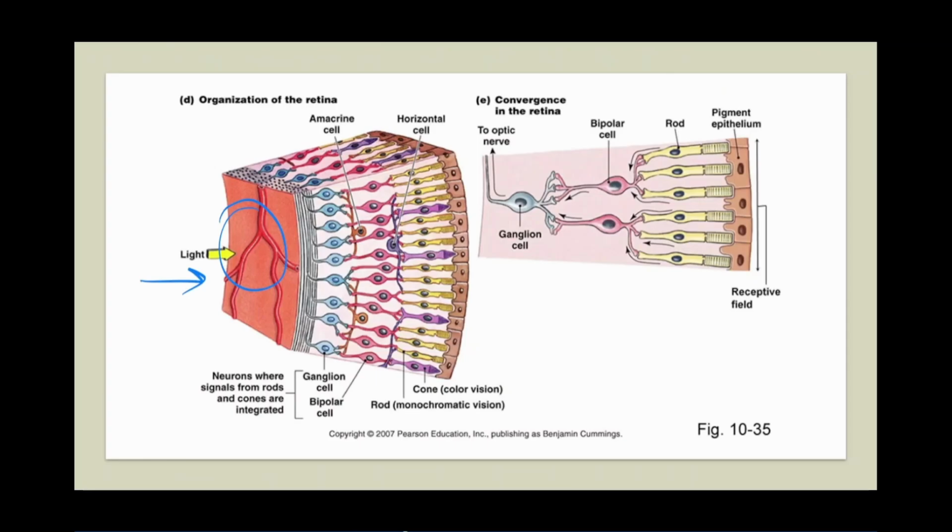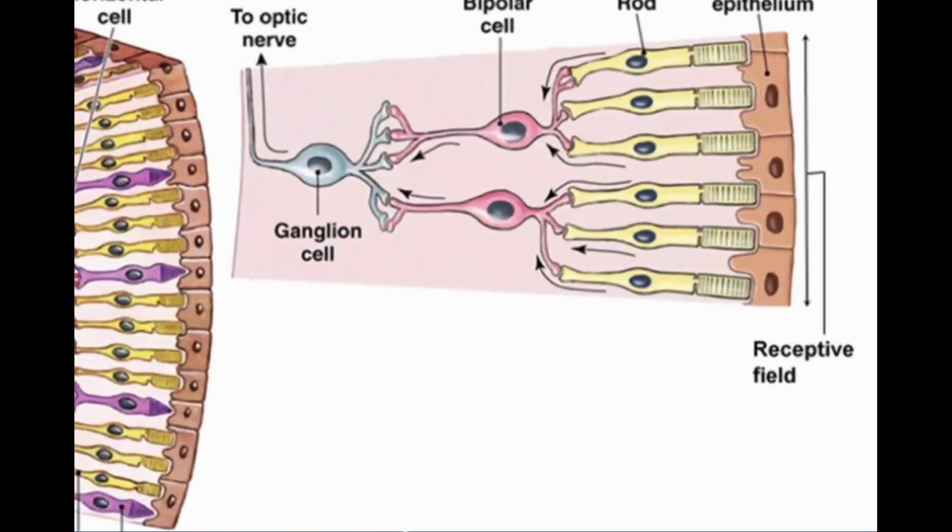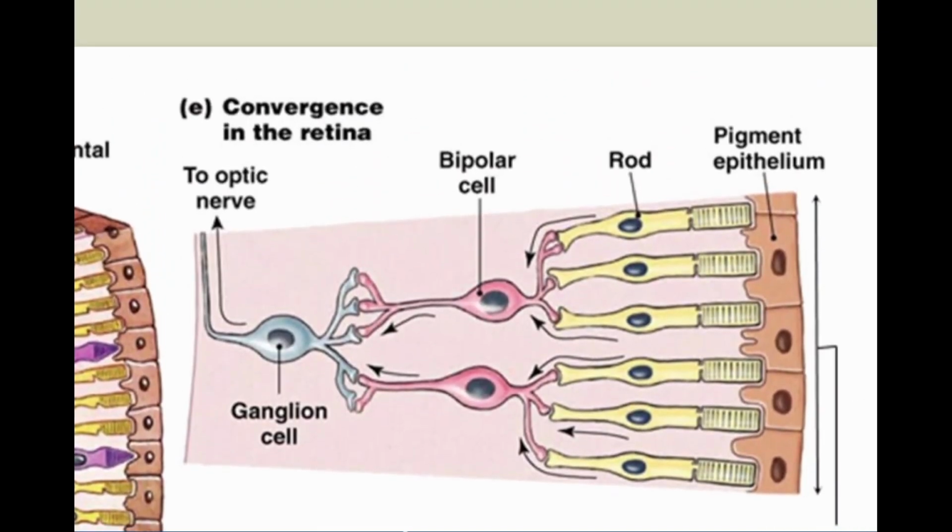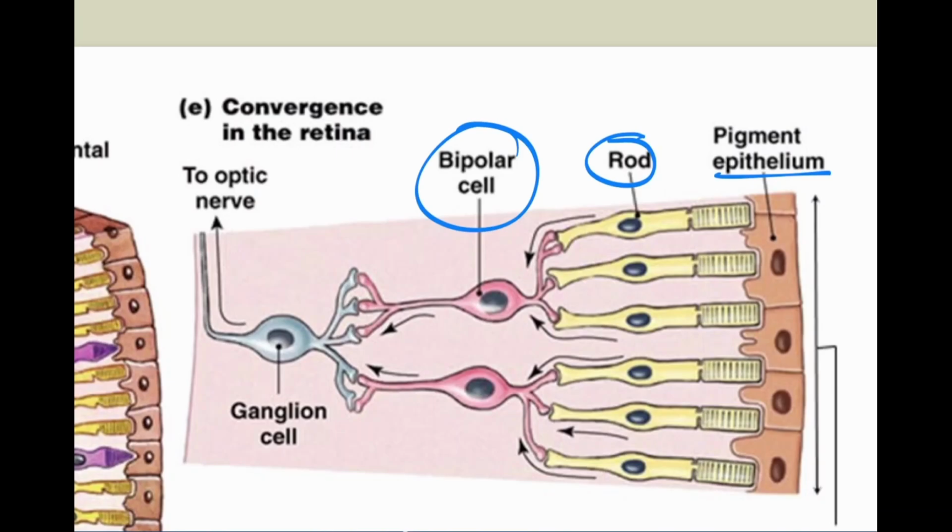So light hits that retinal layer. Then we have our ganglion cell there, which then connects to our bipolar cell. And it's all blown up right here. Okay, so here's our pigment epithelium. These are the rods that contain the rhodopsin. There's our bipolar cell, which takes information from the pigment epithelium and sends it to the ganglion cell.